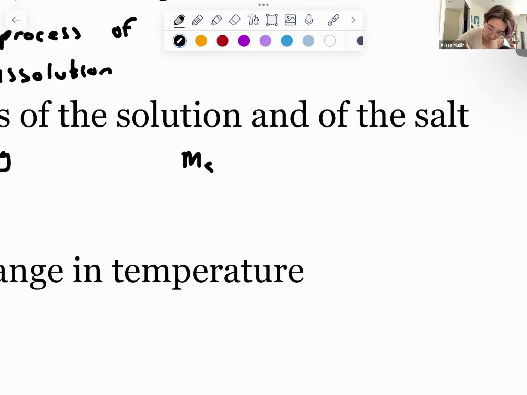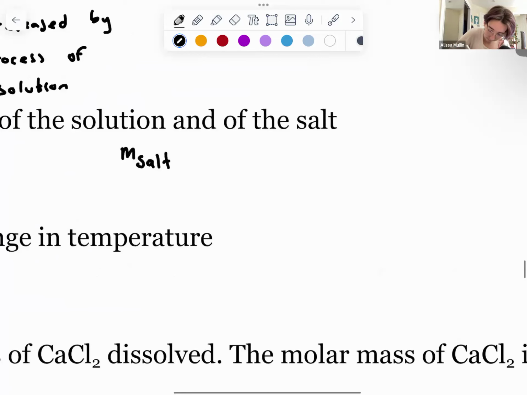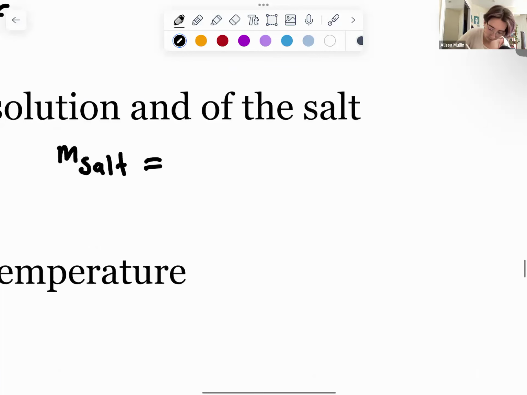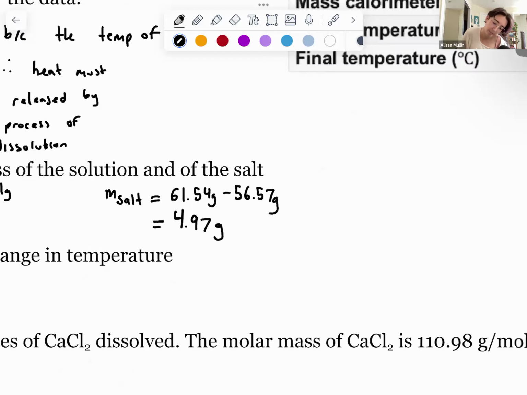And then the mass of my salt. To get that, I can subtract my total versus before I added it. So that would be 61.54 grams minus 56.57 grams, which means that my salt was this many. So we assume they're additive unless told otherwise.